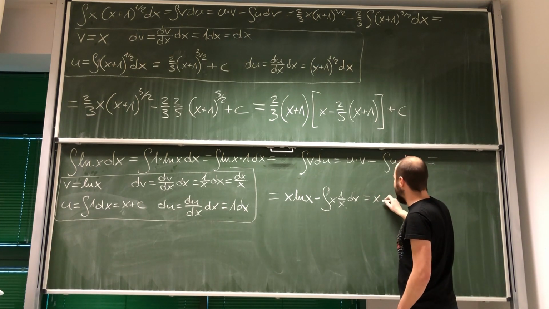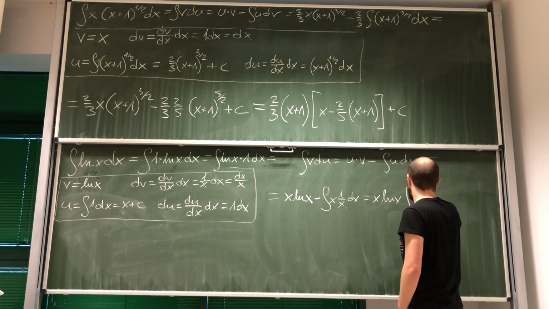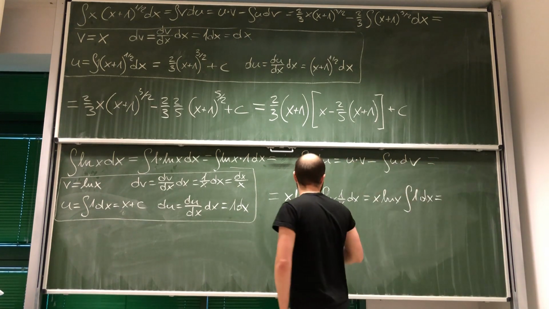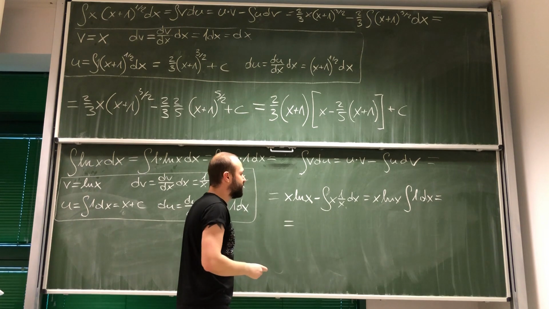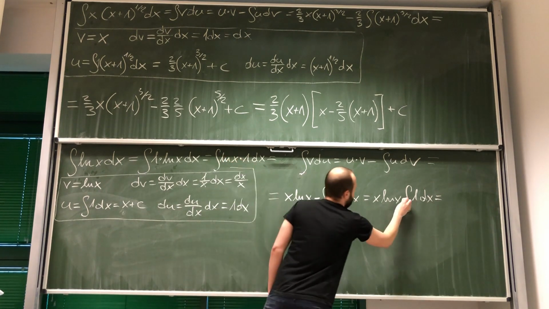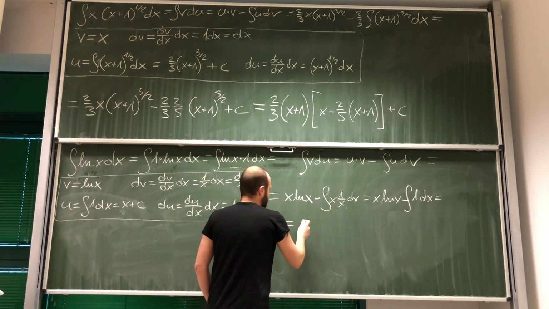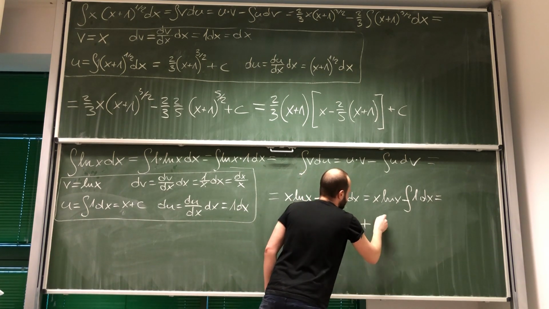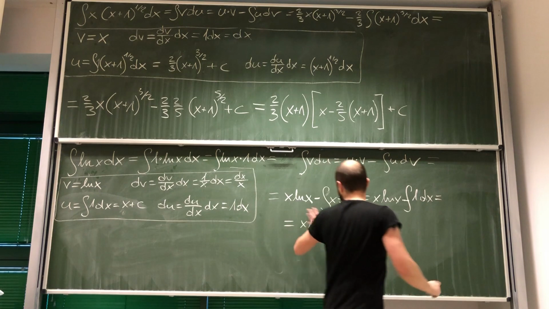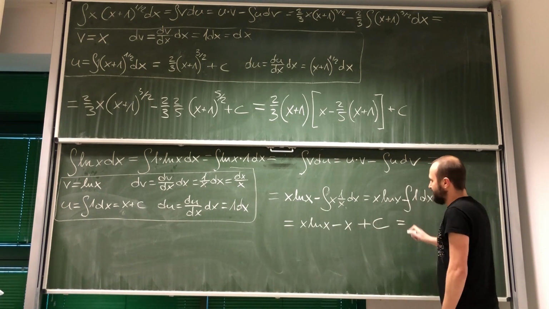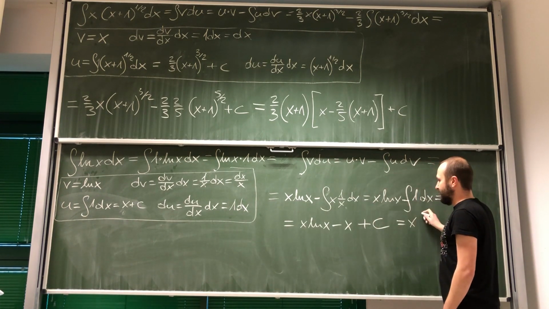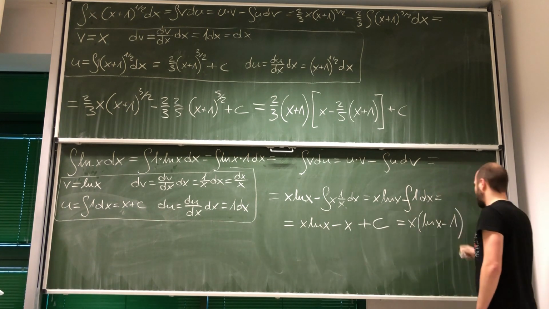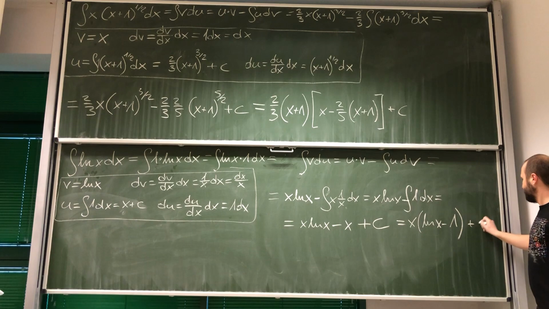So we get x ln x minus the integral of 1 dx, which is simply equal to x ln x minus x plus c, or if we take x out, we get that this is x times (ln x minus 1) plus c.